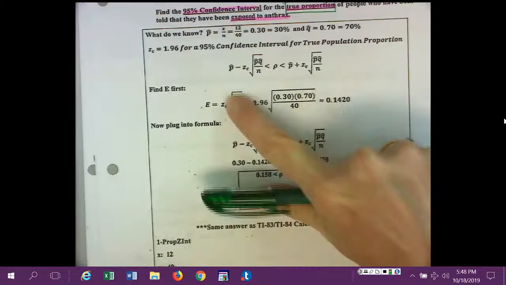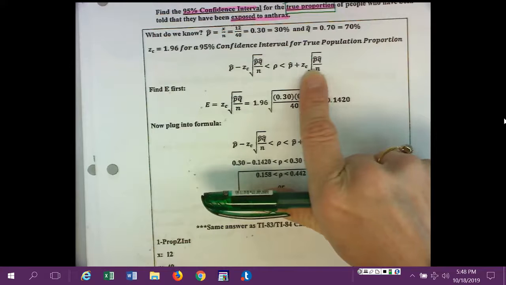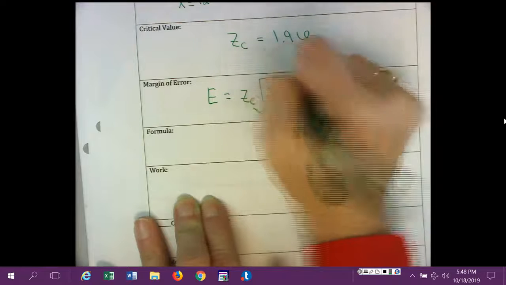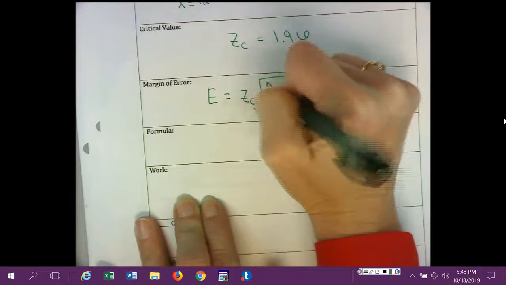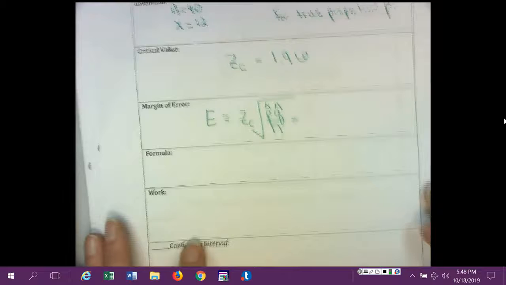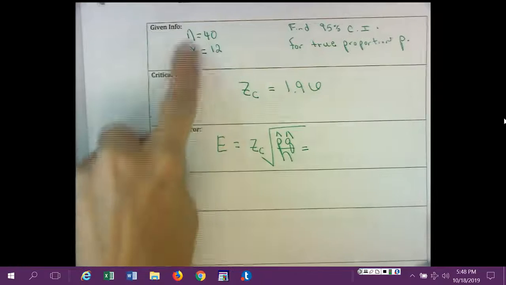So E is that number that you subtract, and it's the same number you add.